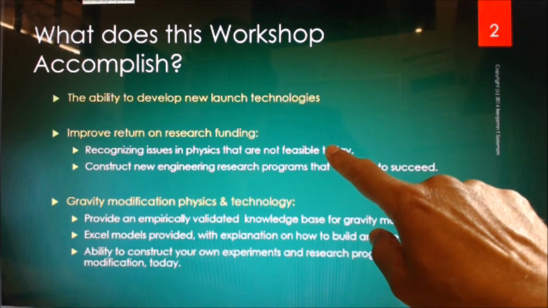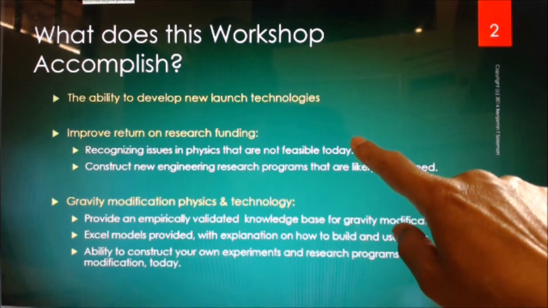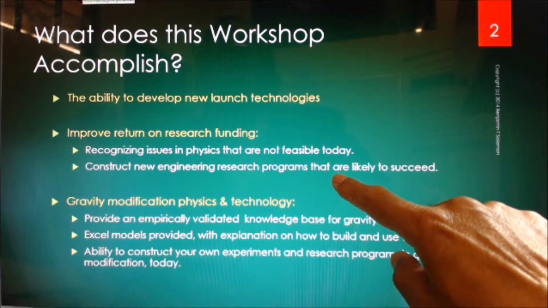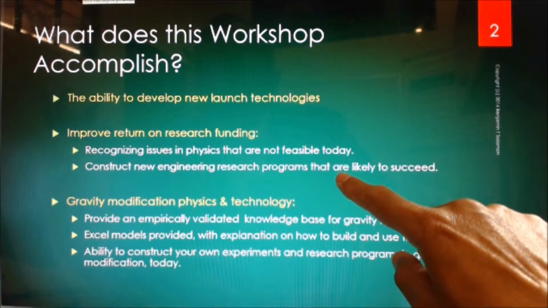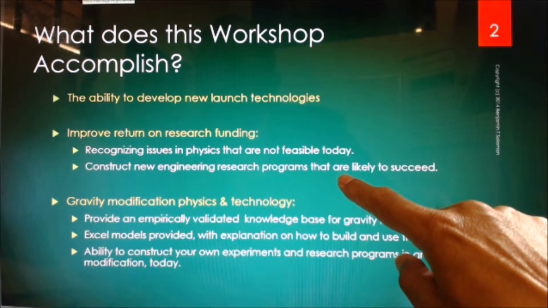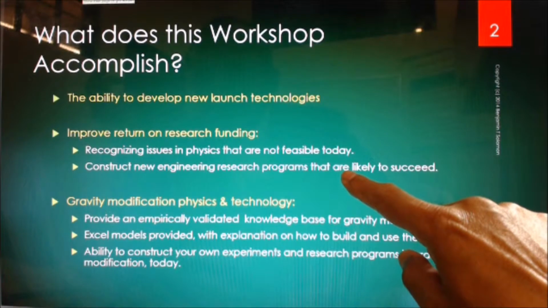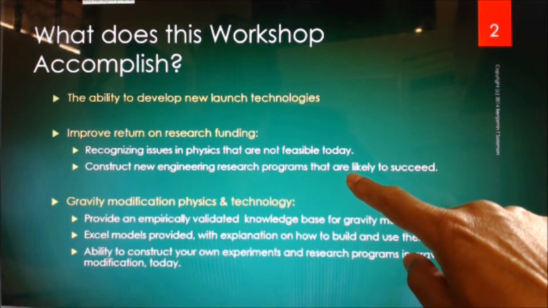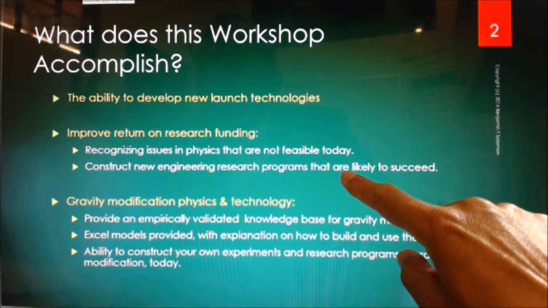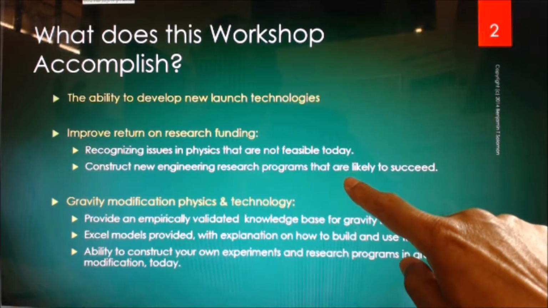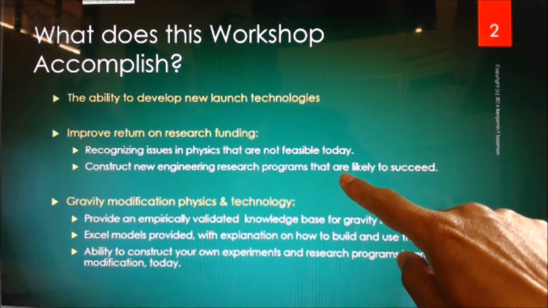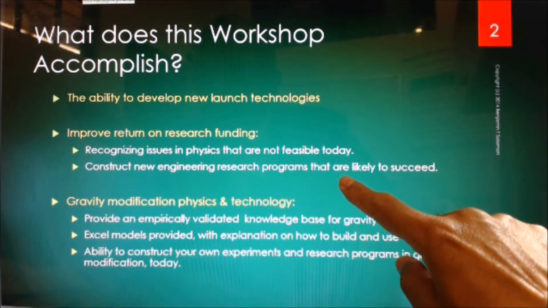Improve return on research funding, because we are recognizing the issues in physics that are not feasible today, and therefore we can avoid funding experiments that are not going to result in possible solutions within the near future in a reasonable amount of time.